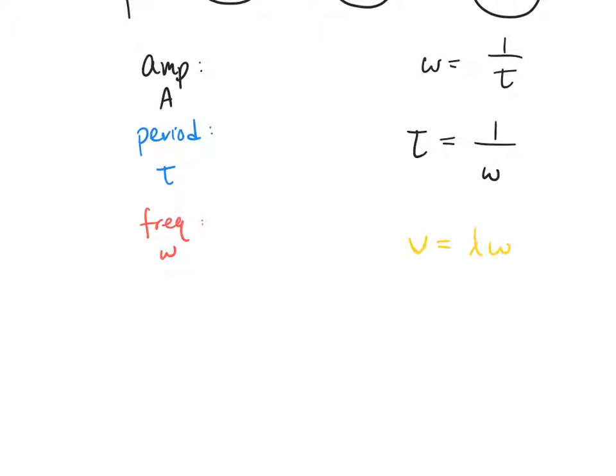And omega is still frequency, which is measured in hertz. If you solve this equation for lambda, just divide by omega, you get V divided by omega.